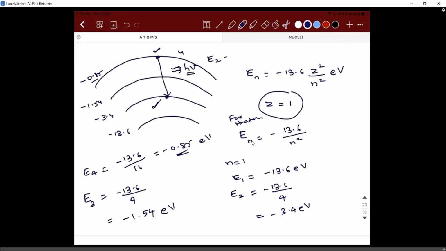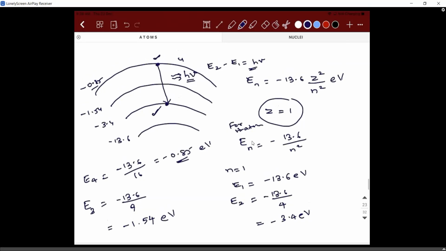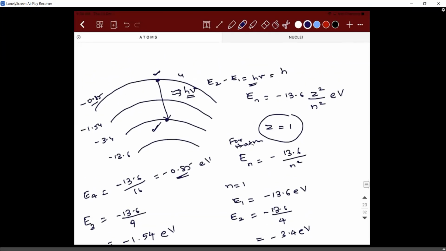That is, E2 minus E1 is equal to h nu. What is this called? This is called Bohr's frequency condition. This nu can be written as c divided by lambda, since frequency is equal to c divided by wavelength. So this is the wavelength they are trying to talk about.